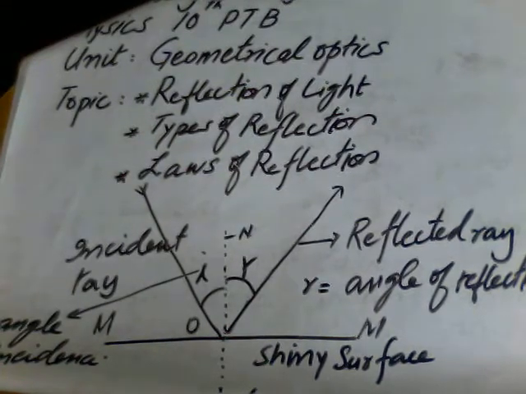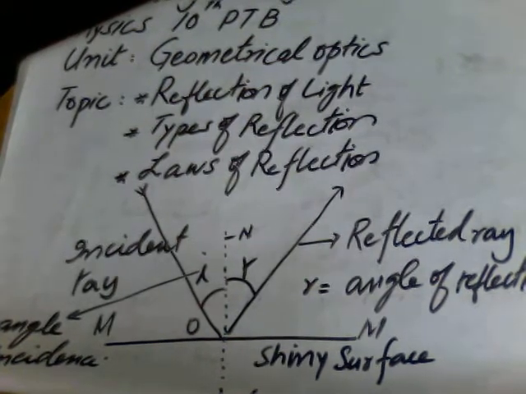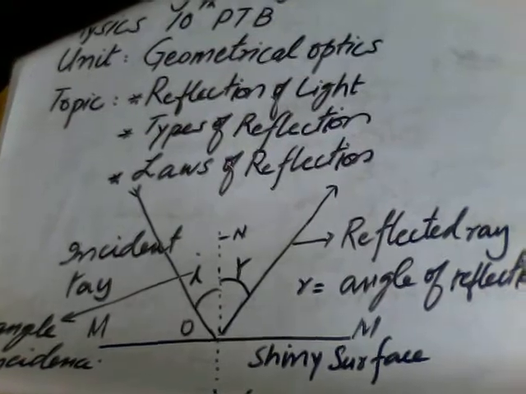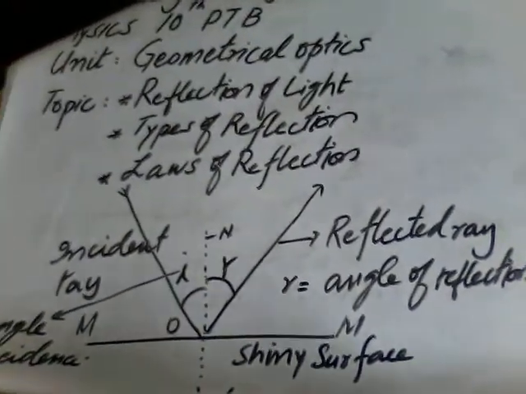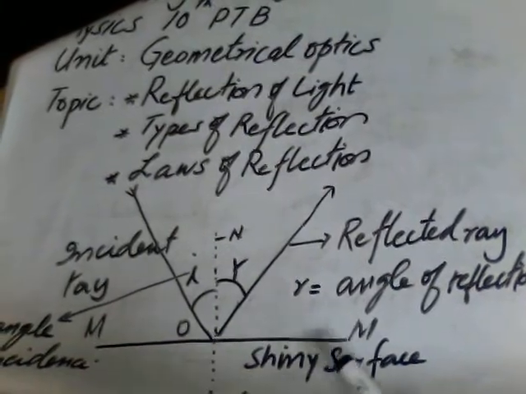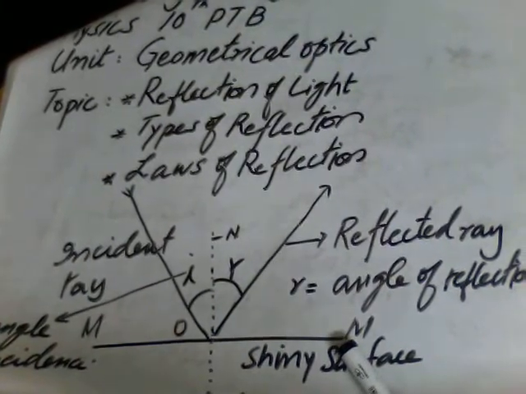When the light comes from the air, it strikes a highly polished surface. In the figure, MM represents a highly polished, shiny surface.